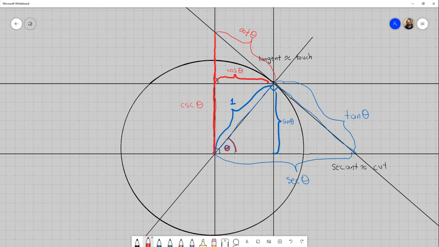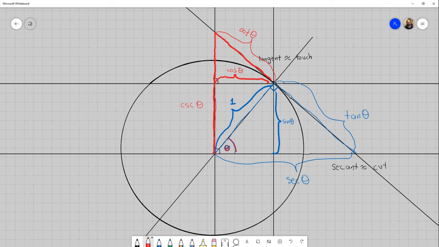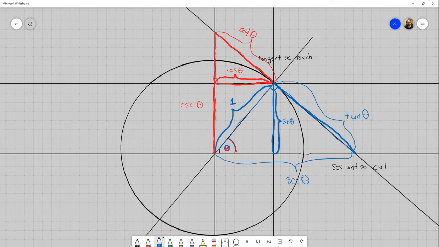So all of the co-lengths are on one side, and all of the non-co-lengths, sine, tangent, and secant, are on the other.